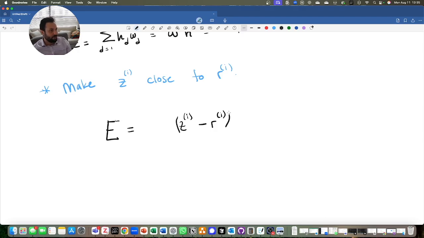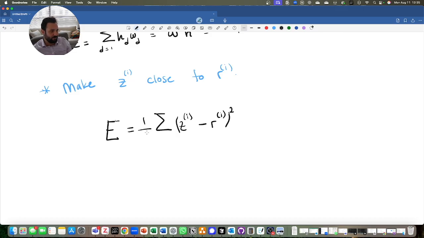I would either put an absolute value, or mostly I would want to minimize the squared error, just like in regression, remember? And this output obviously is going to be averaged over all samples.